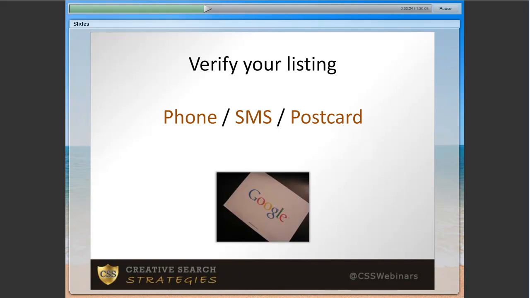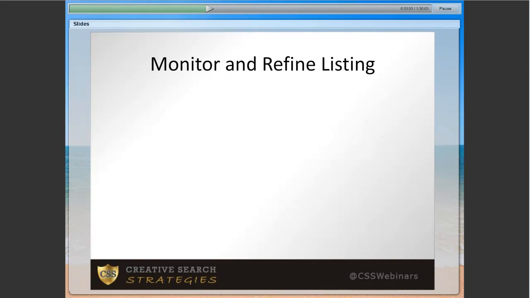Unfortunately, if you get stuck with only being able to do postcard-based verifying, you will have to wait the time it takes Google to send it out to you in the mail, which is another reason why you must use the right address on your listing. Otherwise, it will get sent to the wrong address, and then you're in a whole new world of hurt because it's very hard to get that sorted out. And you've also got to wait another 2 or 3 weeks for them to send it out. So that's quite a time shift.